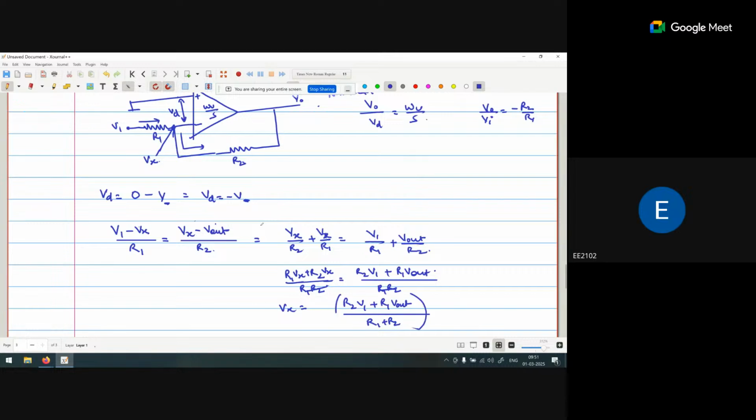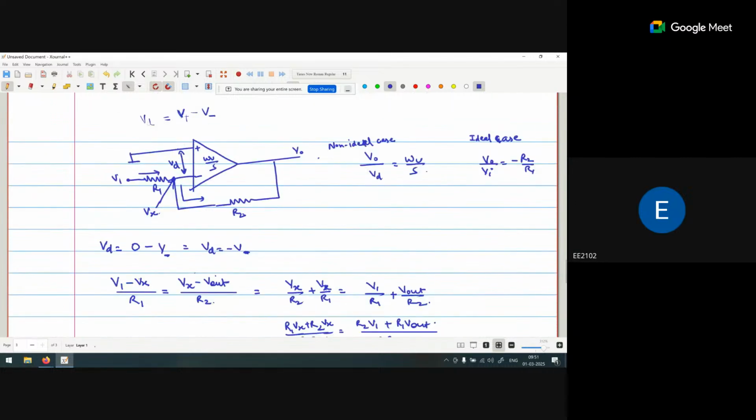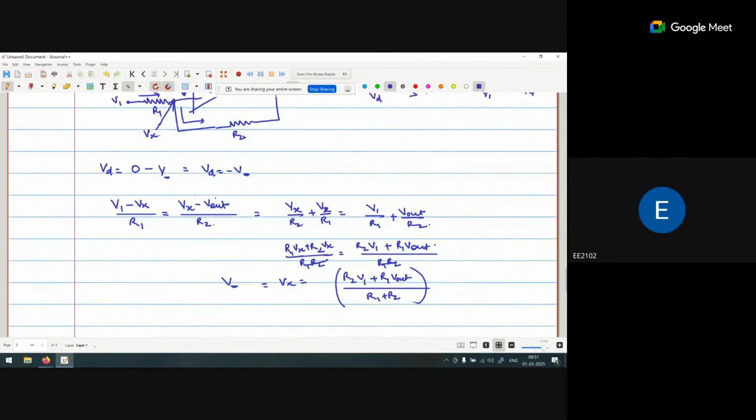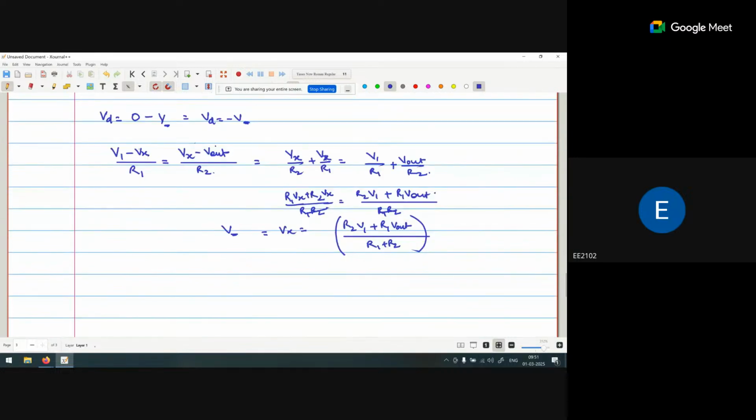That is Vx. And what is the Vx? V negative. Now if I put this V negative voltage in the Vd equation, Vd is minus of (R2 Vin plus R1 V out) upon (R1 plus R2).